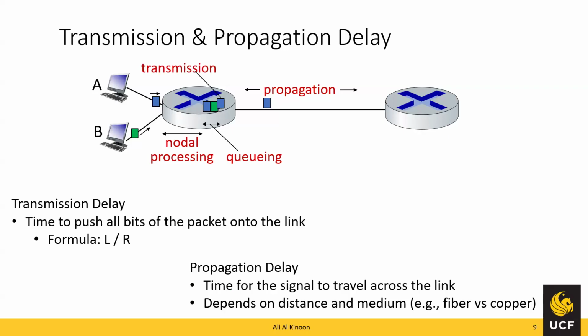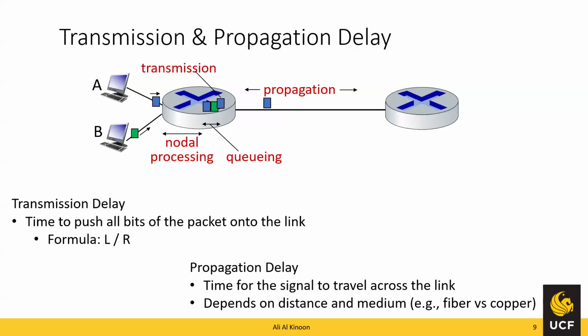Transmission and propagation delay. Okay, so we have the transmission delay that we talked about. It's the time to push all the bits of the packet onto the link, from the link to the router to the other link that's transferring to the router. And the formula for that uses L, which is the number of bits, over the transmission rate. And the propagation delay is how long it takes the packet to move through the transmission link.